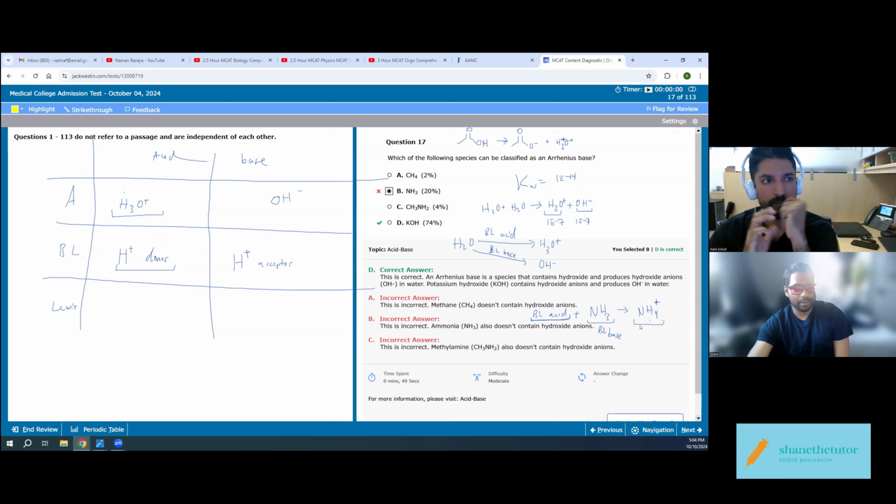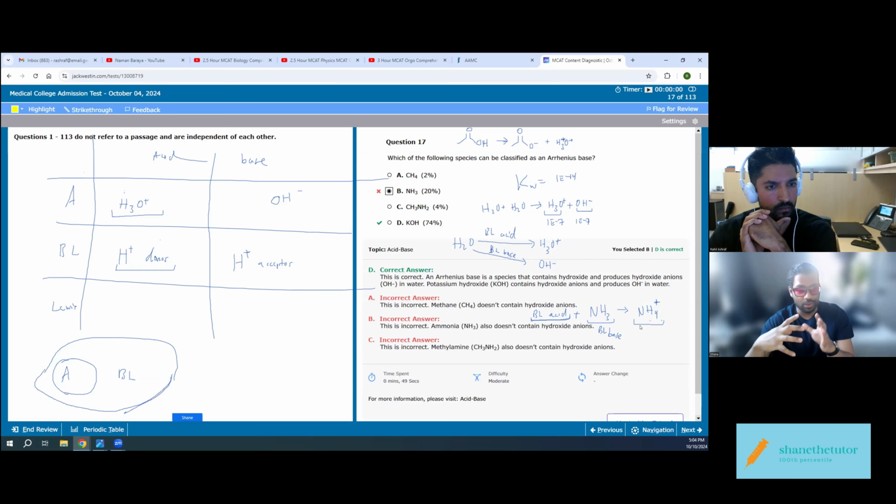Okay. So you can kind of think of it like this. This circle includes all of the Arrhenius acids. This circle includes all of the Bronsted-Lowry acids, and you can see that all of the Arrhenius acids and bases are a subset of the larger set of Bronsted-Lowry stuff.